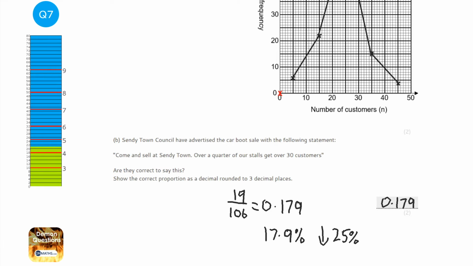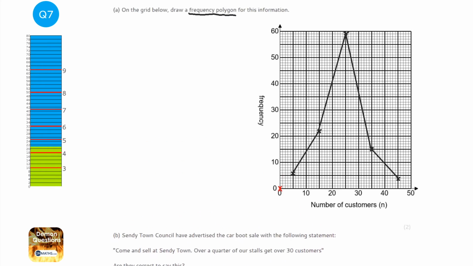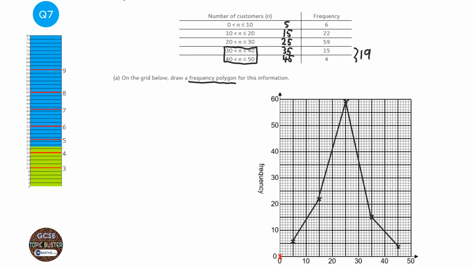Just write a sentence saying that yes, it's close, but it's not quite at 25%, because even rounding up to the nearest percentage, it's 18%, which is 7% lower than 25%. So just make sure you write all of the numbers in an answer that answers the question.